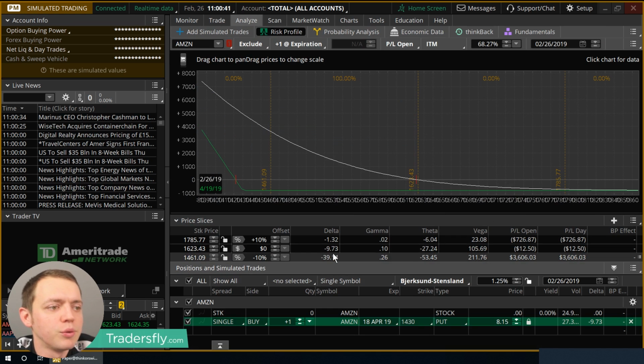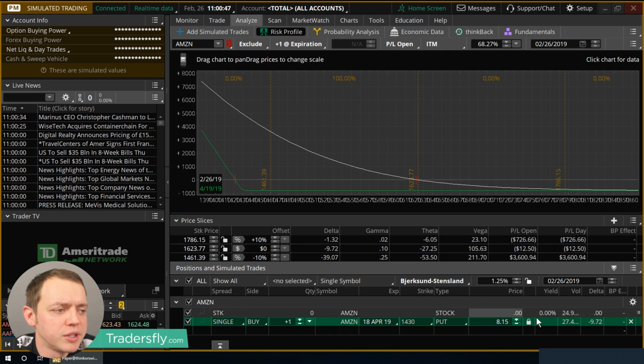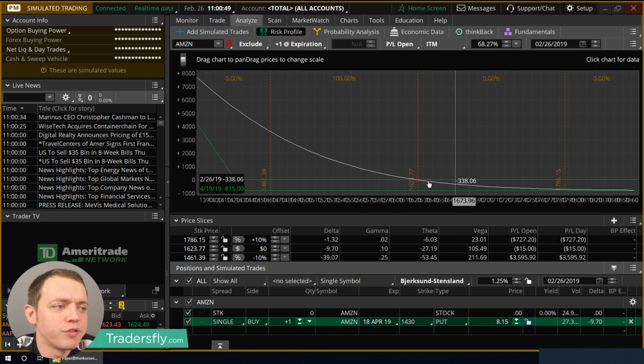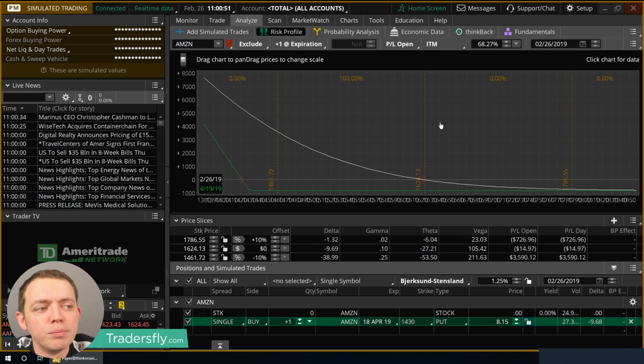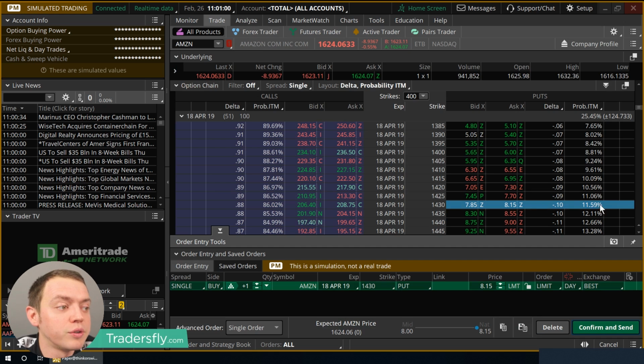Whereas here, if you want to get the exact one, it's going to be negative 0.972. Again, bid-ask spread, a little bit of difference there. So it refers not only to the movement of that individual contract, but also to that probability in the money. So it refers to a few different things, right?